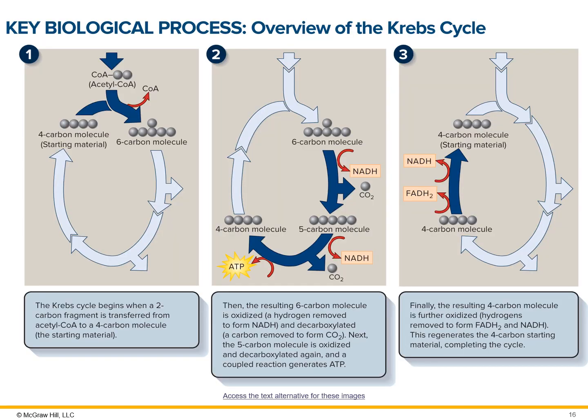Right, so in our visual of the Krebs cycle, our 2-carbon acetyl CoA comes in. There's a 4-carbon molecule already there, and those 2 join together to give us a 6-carbon molecule. The coenzyme A that was there just goes back and can keep being reused.